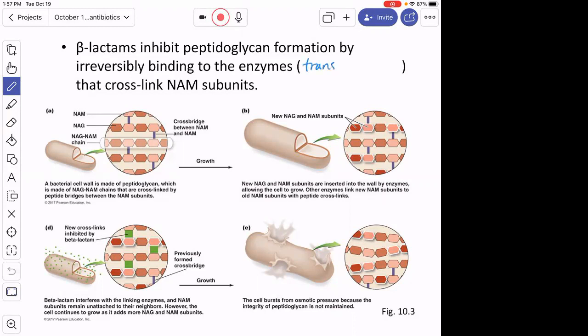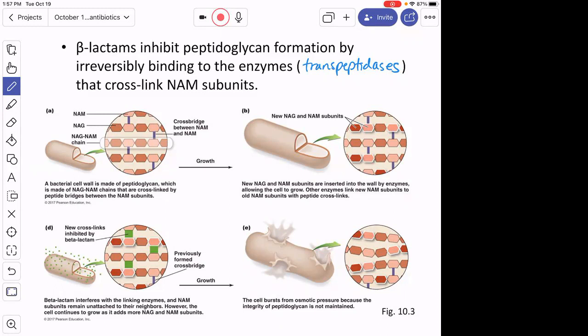They're called transpeptidases. We talked about autolysins that will cut the sugar subunits apart, other enzymes that bring in the new sugar subunits, and then transpeptidases actually reform those amino acid bridges.